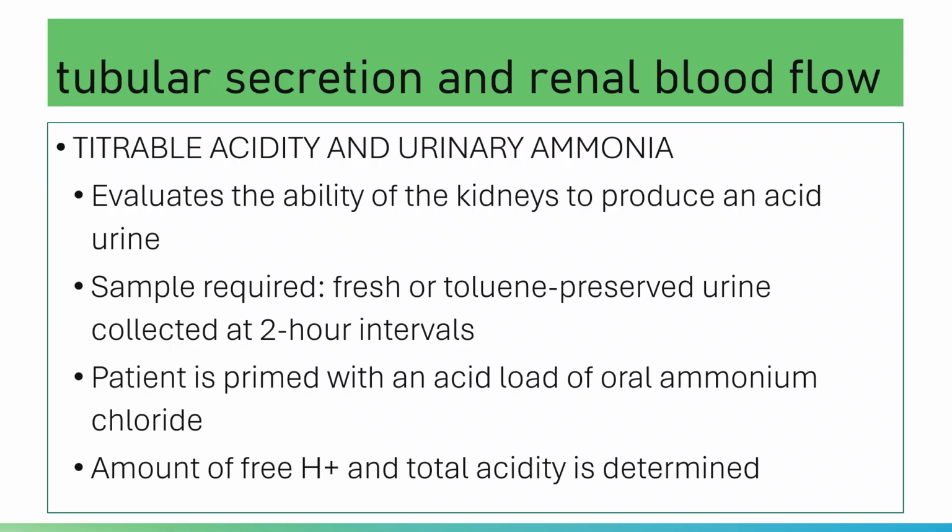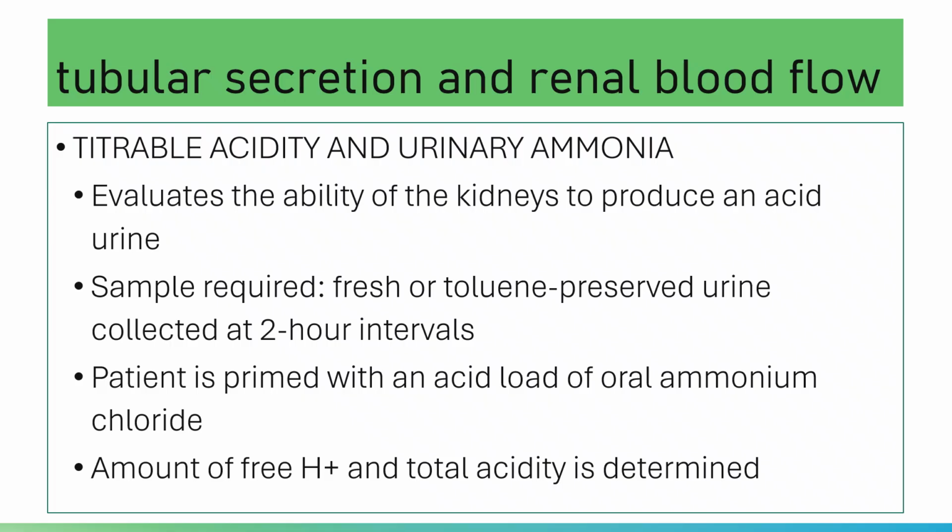In renal tubular acidosis, there is an impaired secretion of hydrogen ions in the proximal convoluted tubule, or there is also an impaired secretion of ammonium ions in the distal convoluted tubule.